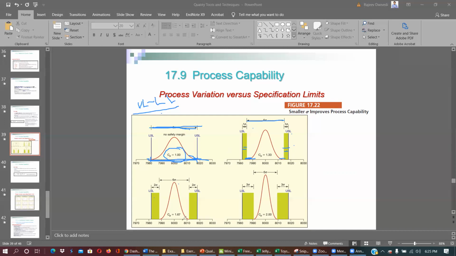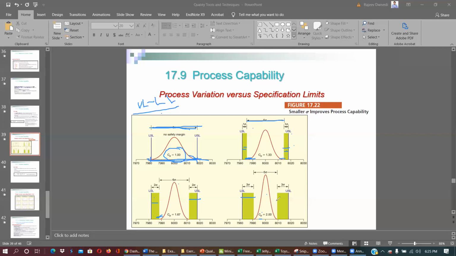Think about this situation. Here I have 2 sigma margin, here they have 2 sigma margin. That means this is 6 sigma. The manager has more margin, and this is Cp of 2.